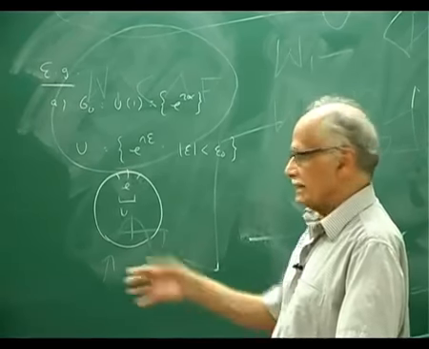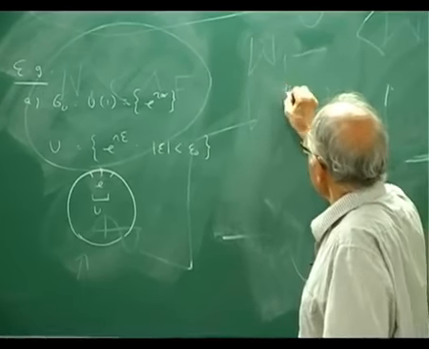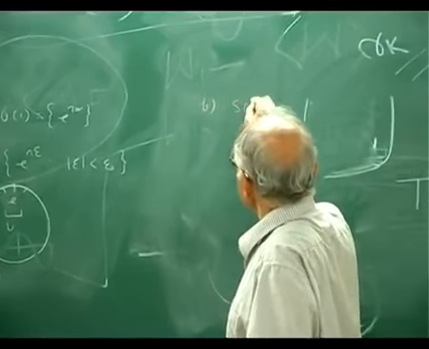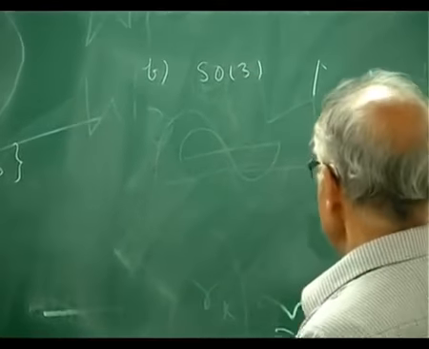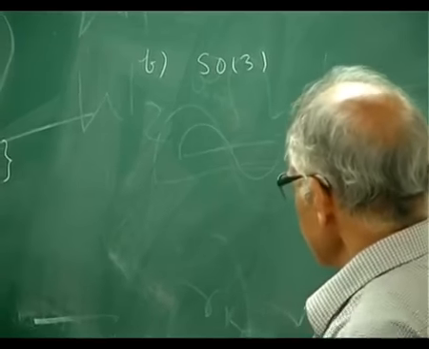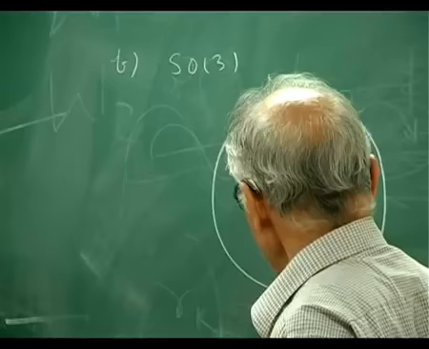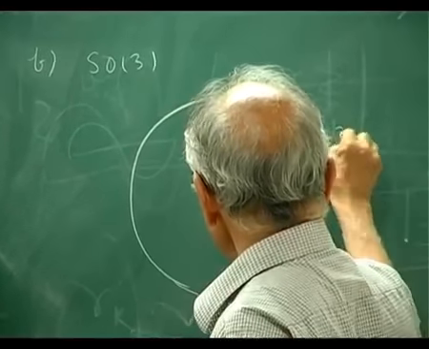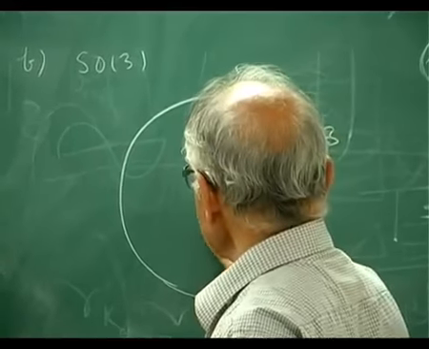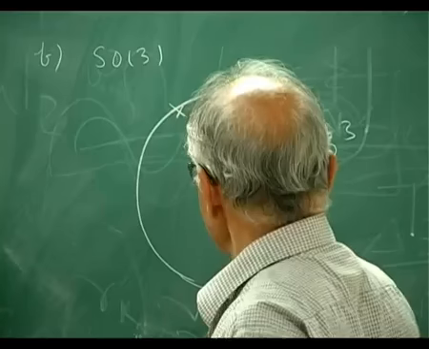Okay, but anyway, there is a technical statement. B. Let's take SO(3). Here, as I told you yesterday, is a ball B3. This identity is E here, and you are identifying diametrically opposite points.